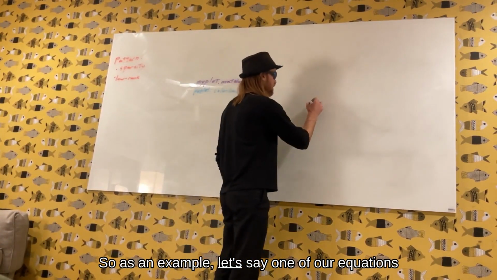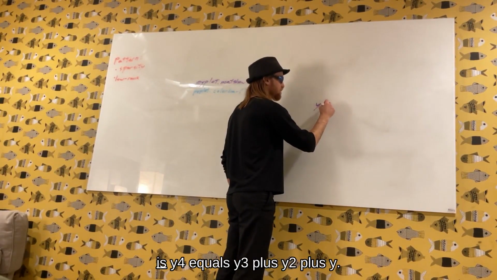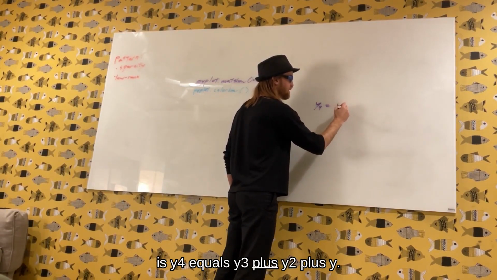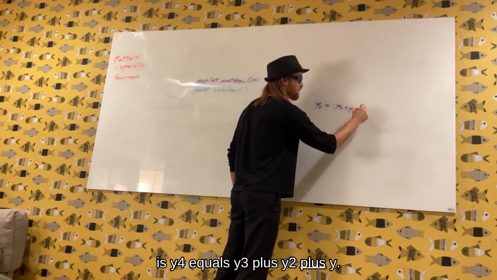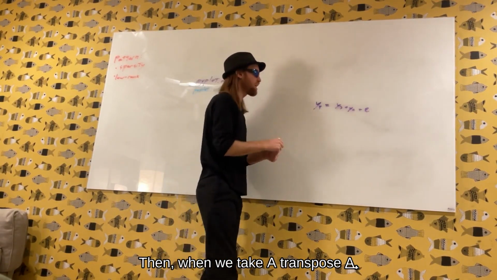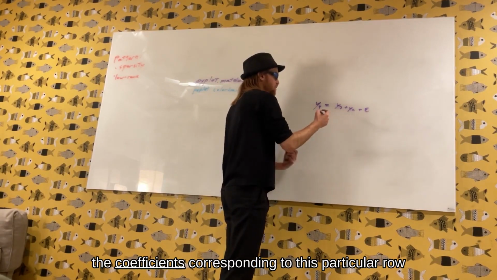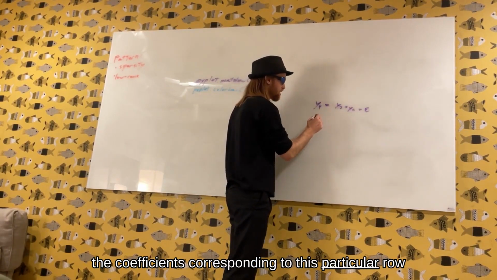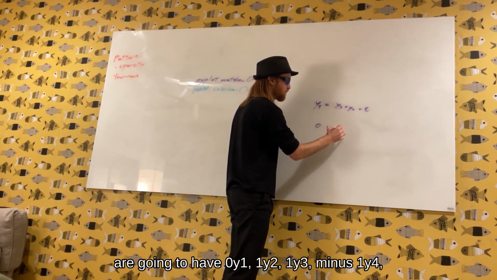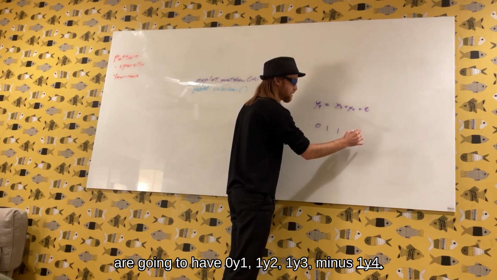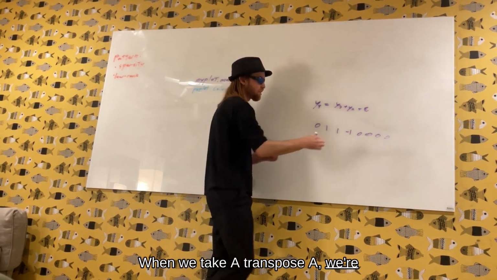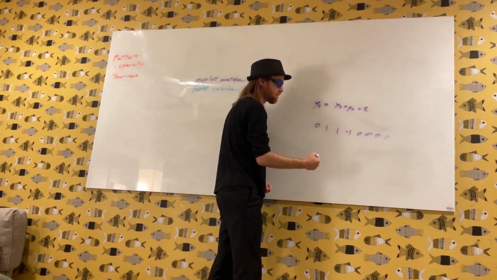So as an example, let's say one of our equations is y4 equals y3 plus y2 minus y1. Then when we take A transpose A, the coefficients corresponding to this particular row are going to be 0, 1 for y1, 1 for y2, 1 for y3, minus 1 for y4, and then a bunch of zeros after that. When we take A transpose A, we're going to be taking an outer product of this thing with itself.